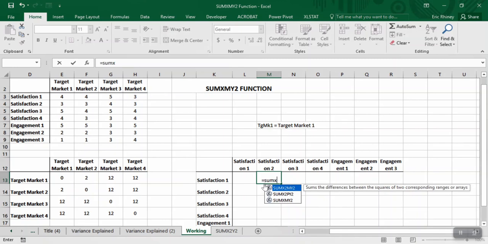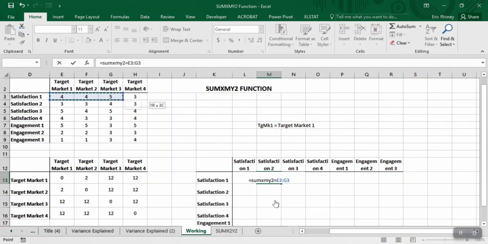SUMXMY2 equals, and I want to do satisfaction, comma, compared to satisfaction 2. All right, and I probably would, let's put that in there, right? All right, and I probably would lock this in place by using my dollar, and I think that's what I'm going to do here.